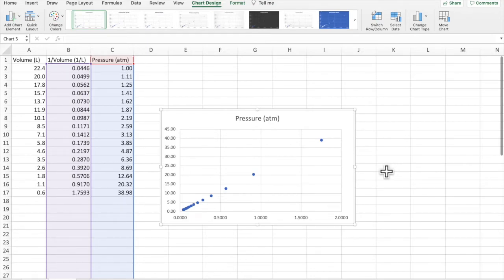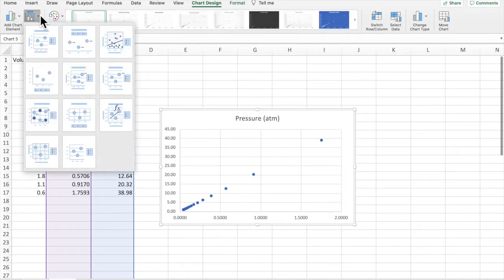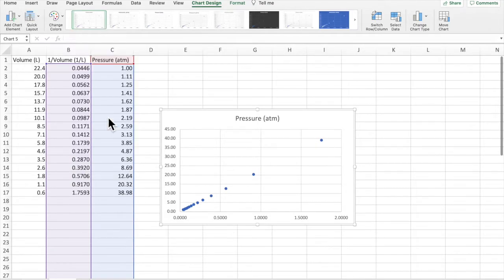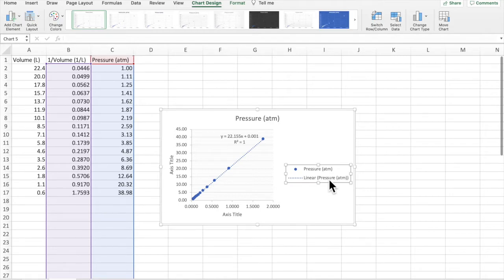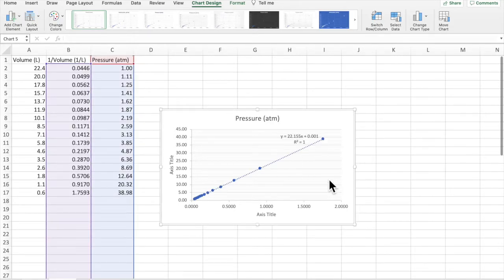Well, we're still missing a lot of things that are necessary in this graph. So again, I'm going to go up to the quick layout. I'm going to go to layout number 9, just like last time. I'm going to get rid of the key, the legend, because I really don't care that much about it.